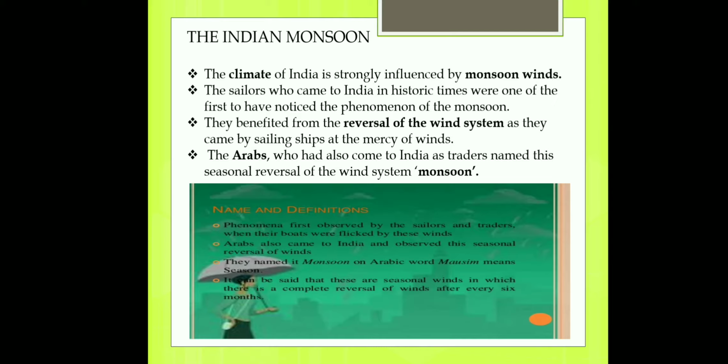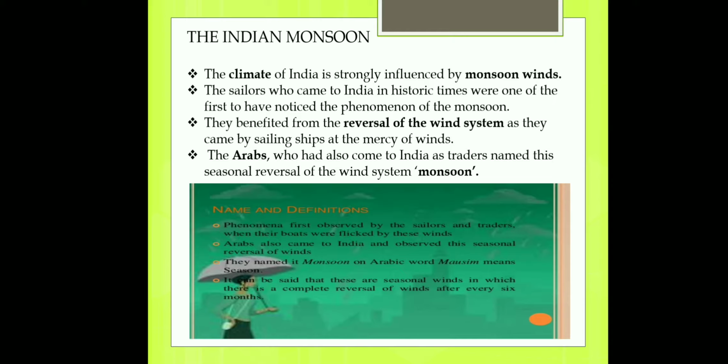The climate of India is strongly influenced by monsoon winds. Monsoon refers to the seasonal reversal in the wind direction during a year. The sailors who came to India in historic times were one of the first to have noticed the phenomenon of the monsoon.